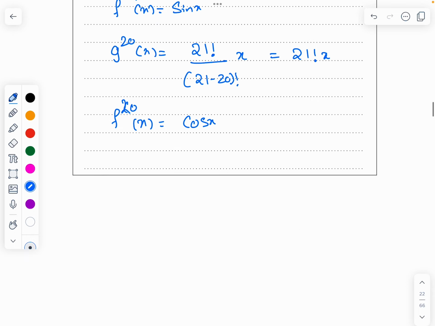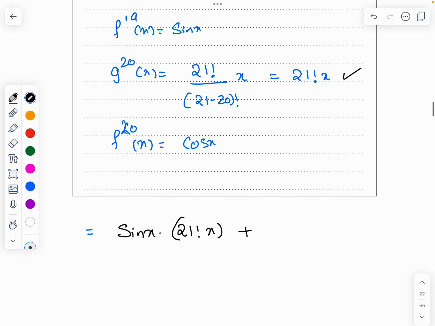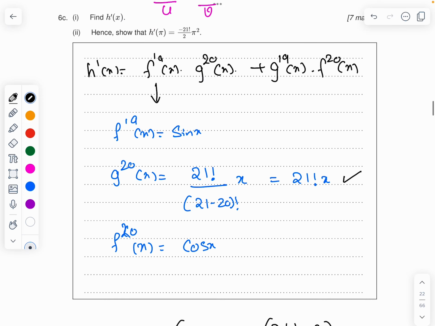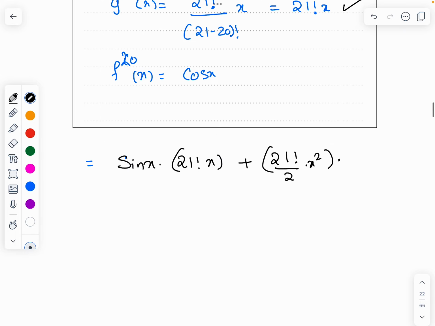So now we will be plugging it in. It becomes sin x times the 20th derivative, 21 factorial times x, plus the 19th derivative of g of x, which is 21 factorial divided by 2 times x squared, times the 20th derivative of f of x, which is cosine x.